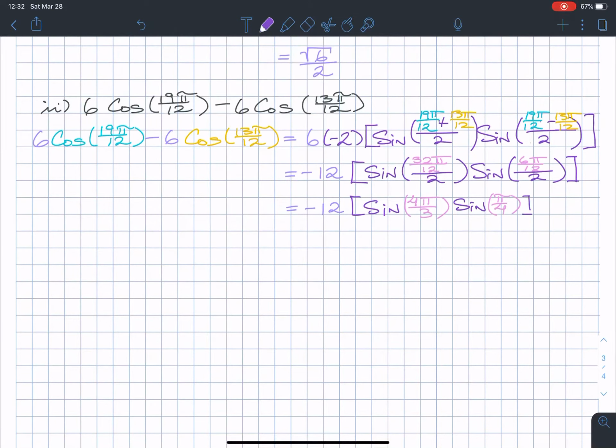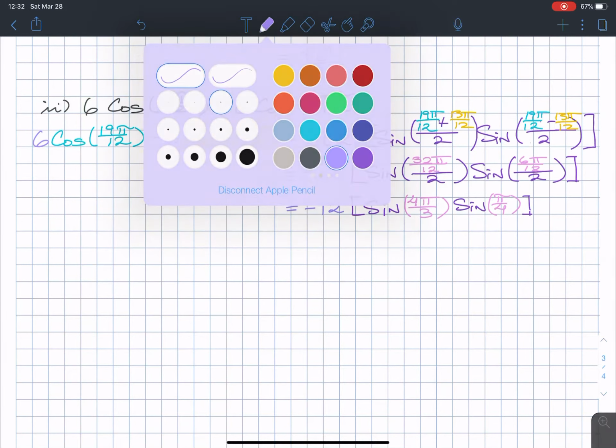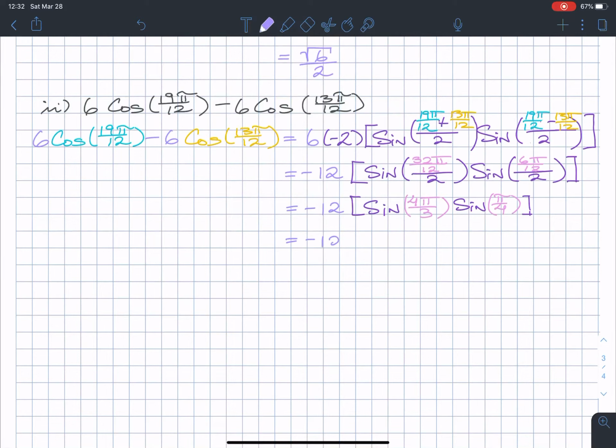Okay, so what do we get in the almost end? I have negative 12 times the quantity sine of 4 pi over 3, which is in quadrant 3. I know it's negative, and it's a 60-degree reference angle. So sine will be negative root 3 over 2, times sine of pi over 4, well, that's in quadrant 1, and it's root 2 over 2.